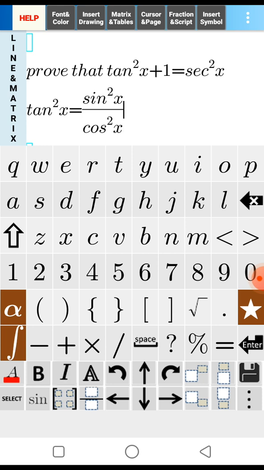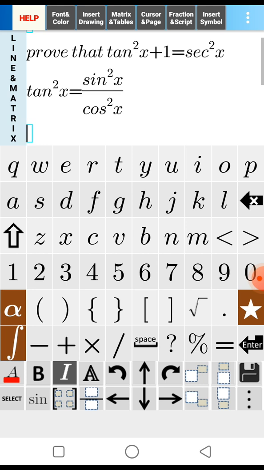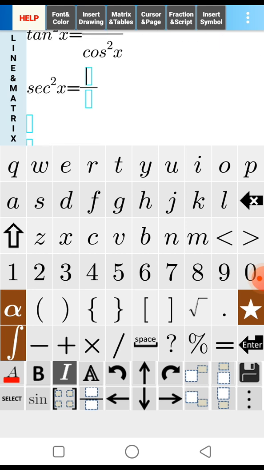And we also know that secant square x is equal to 1 divided by cosine square x.